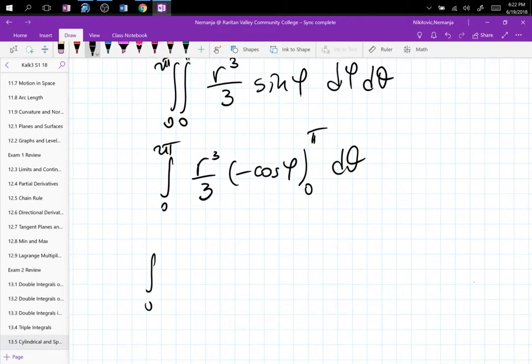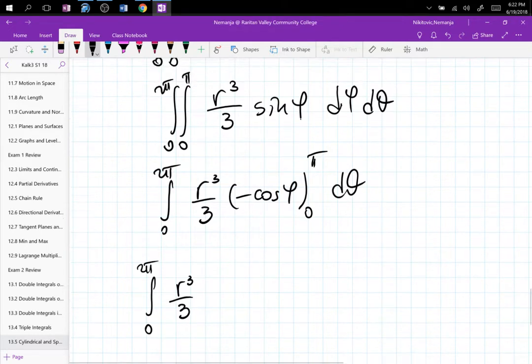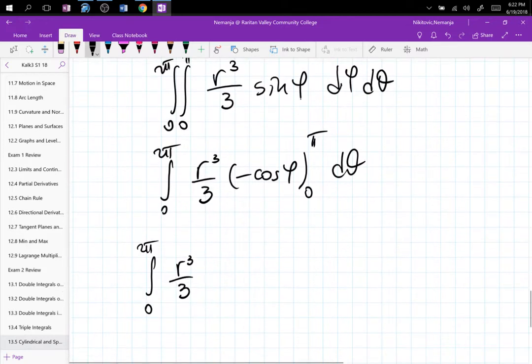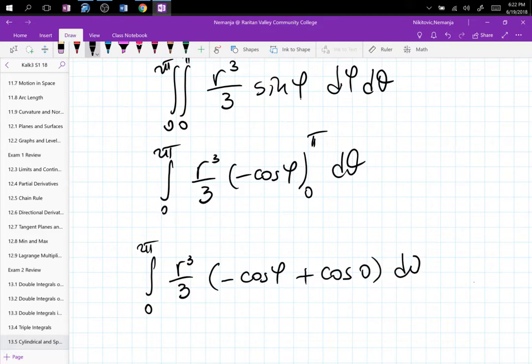Now, it's still r cubed over 3 because when you plugged in r, it's still r. Yes, we are plugging in 0 and pi for phi. But when you had the double integral, since you were plugging in r, the r just stays. So now we have negative cosine phi, plus cosine of 0, d theta. Cosine of pi, I said.